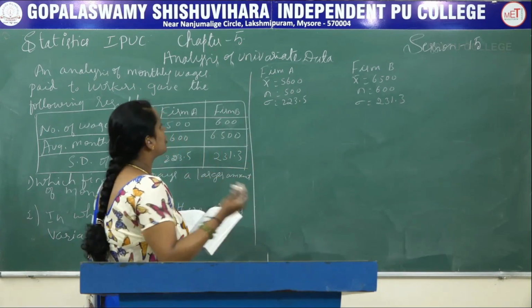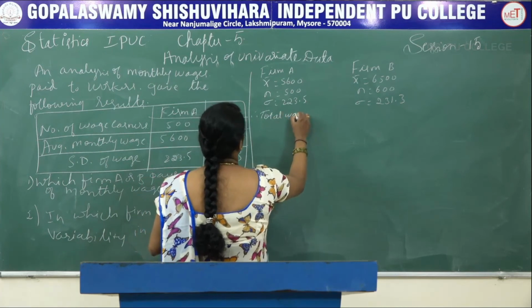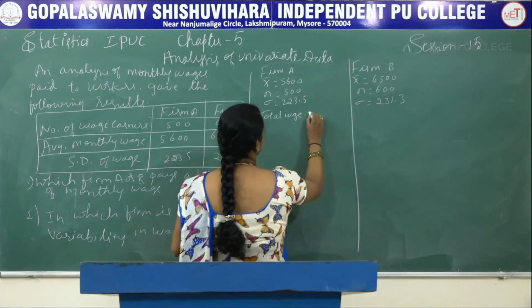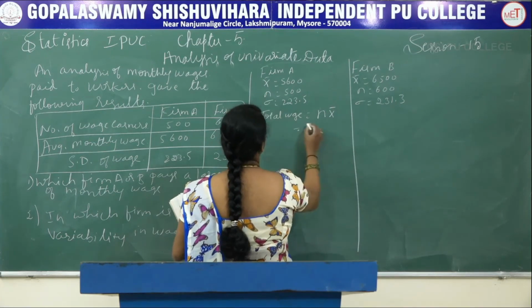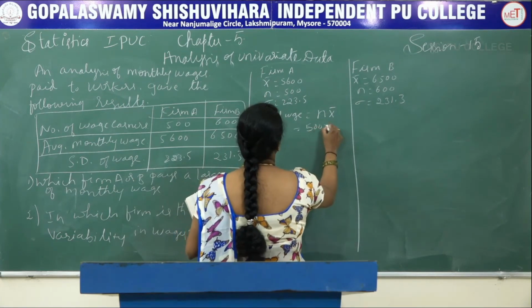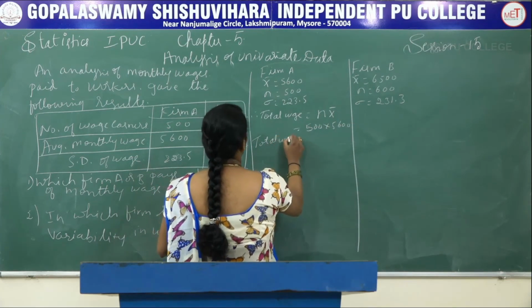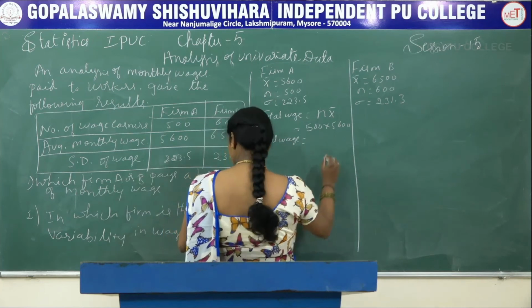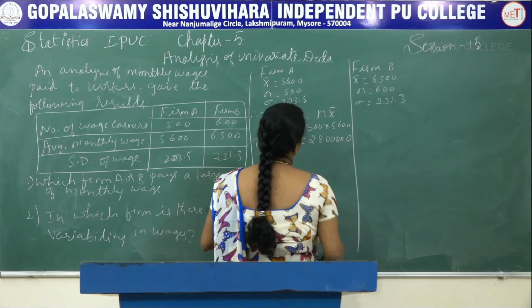To find the total wage, total wage is equal to N into X bar. For firm A it is 500 into 5600, so total wage of firm A is 28 lakhs.